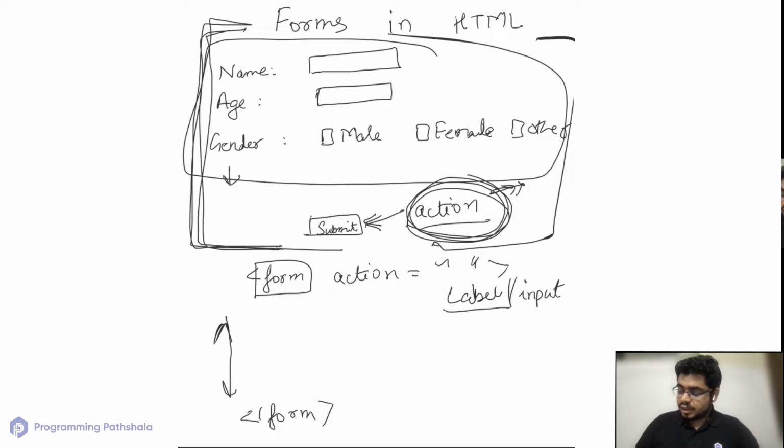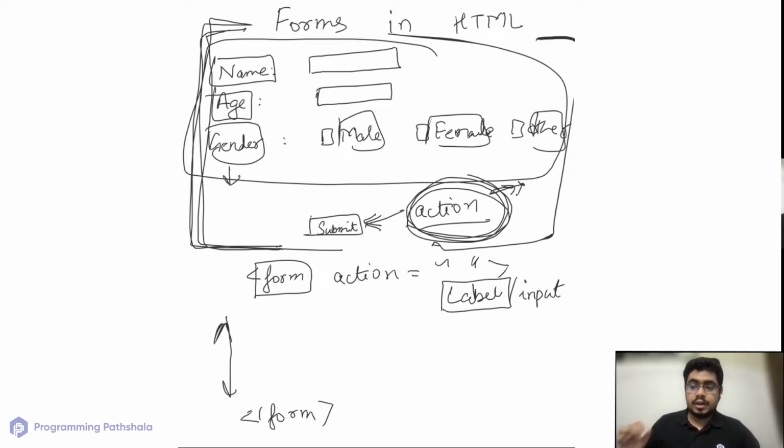So label is generally any text portion of our form. So all this comes under label. If I want to make this form, I'll probably start with a label having name inside it.